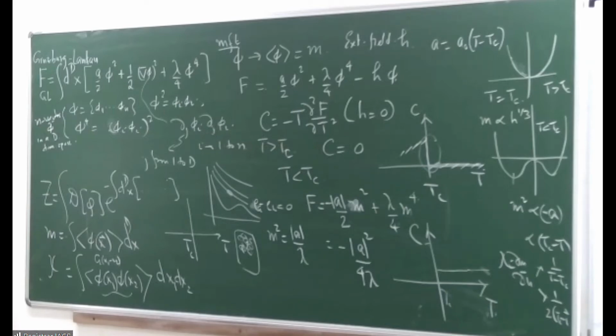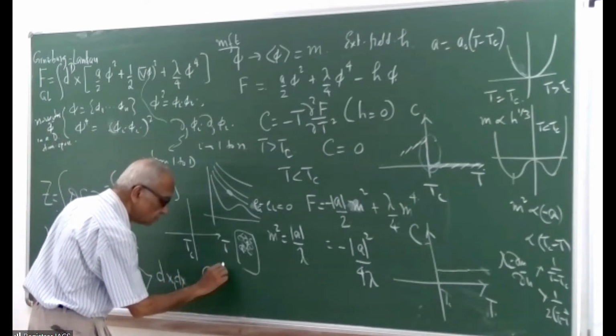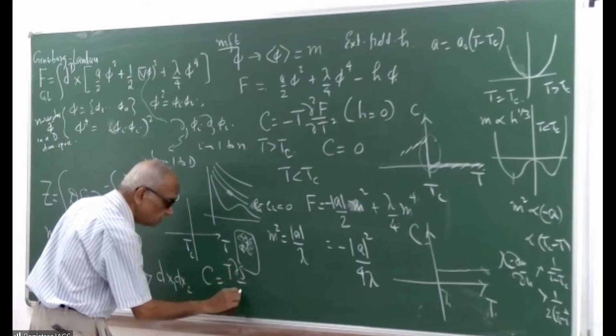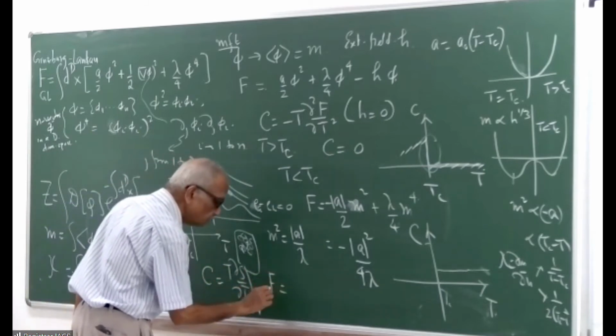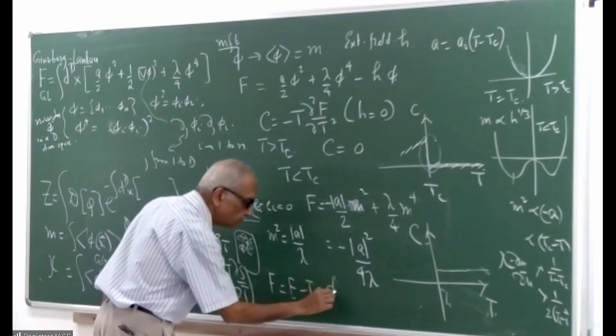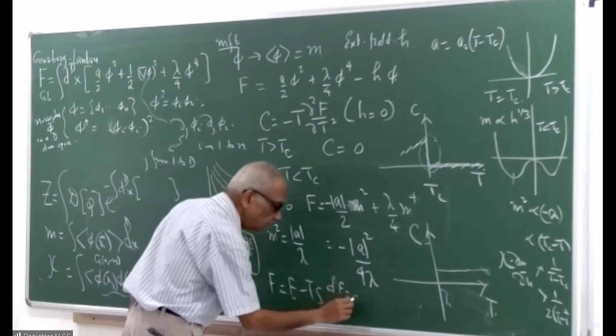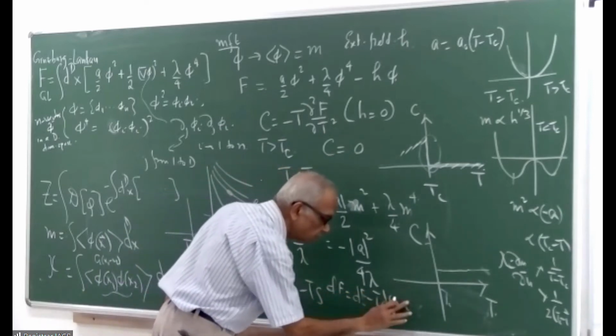This is thermodynamics: the specific heat at constant volume is T del S del T at constant V. F is E minus TS. So dF is equal to dE minus TdS minus SdT.